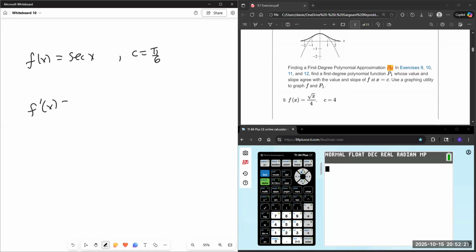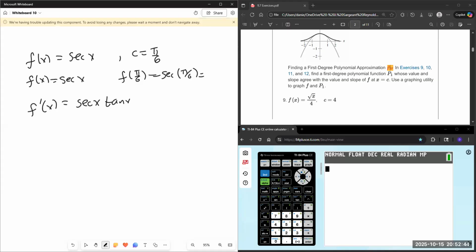The derivative of secant is secant x tangent x. Let's just write f of x down here again, so that I can say f of pi over 6 is secant pi over 6, which is equal to 2 over root 3, which I'll multiply by root 3 over root 3, is equal to 2 root 3 over 3.